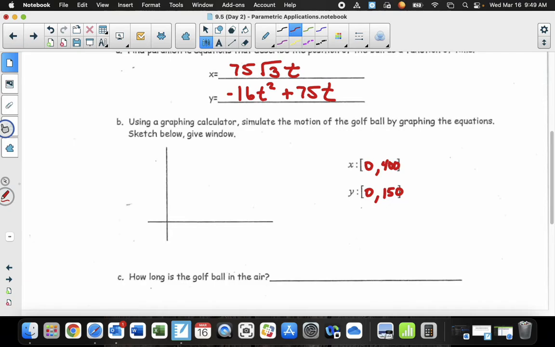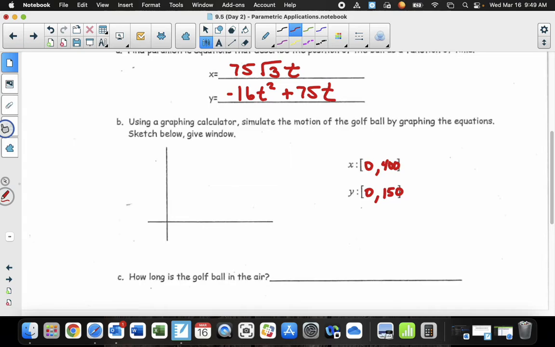You can pick whatever you want, but I definitely don't want to go by ones and have 400 little dots on the x-axis. Y values, we said 0 to 150. What do you think we should go by? Okay, let's do it. All right, let's graph it. Let's see what we came up with.